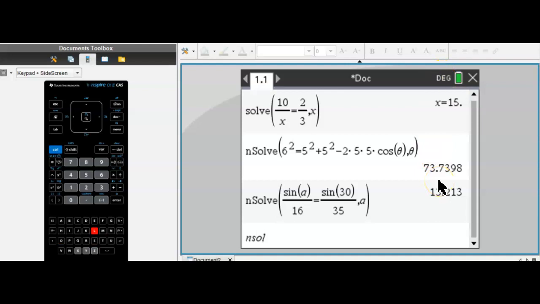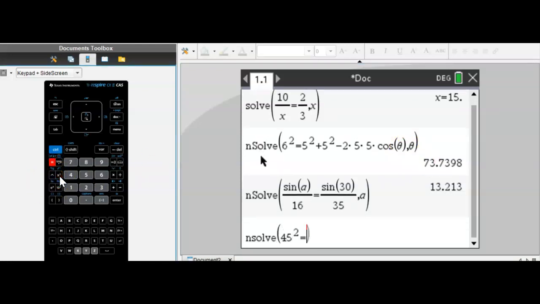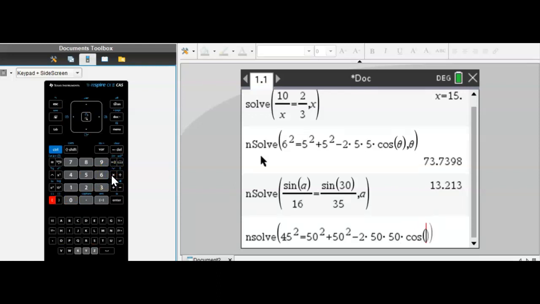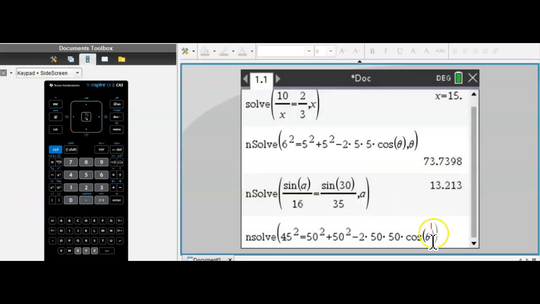Write solve, within brackets 45 squared is equal to 50 squared plus 50 squared, take away 2 times 50 times 50 times cos within brackets theta, and you are going to solve for theta.